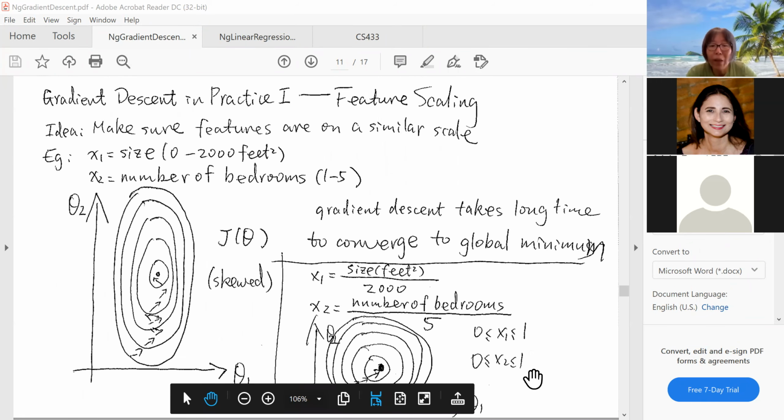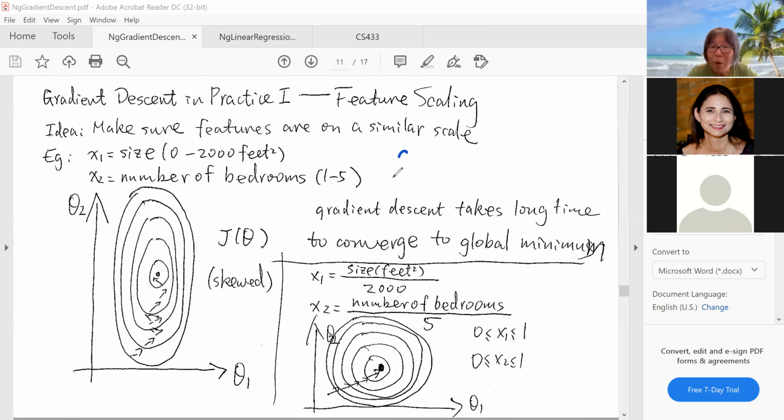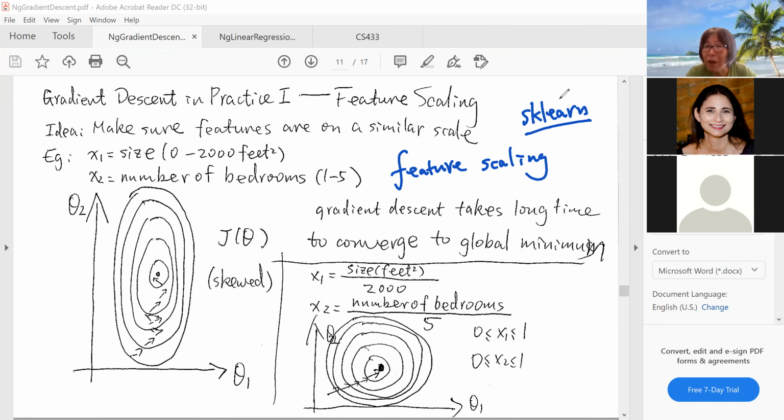Here it also explains gradient descent. If you recall, in our example we also discussed feature scaling. sklearn provides standardization feature scaling, etc. In this example, we need feature scaling because the house size is in the 1,000 range for square feet, but the number of bedrooms is normally 1 to 5.